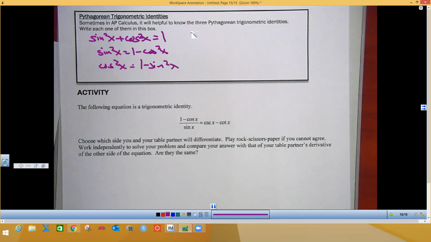Another one is that 1 plus tangent squared x equals secant squared x. And if I subtract tangent squared x from both sides, you hopefully remember that one. Also, you can subtract 1 and get that tangent squared x equals secant squared x minus 1.